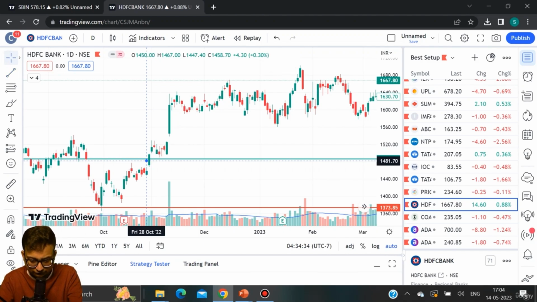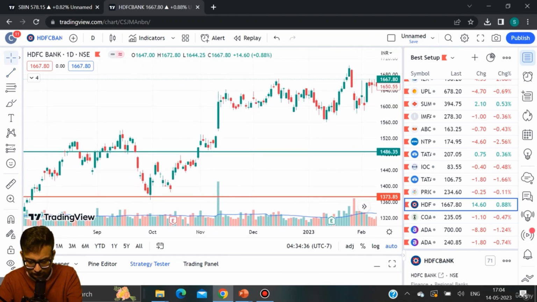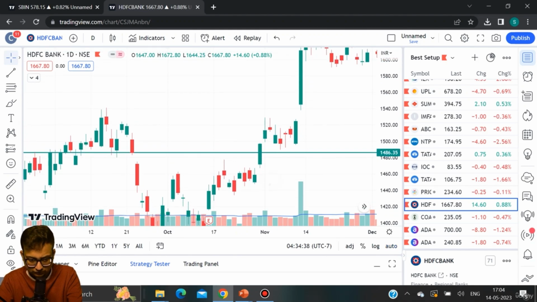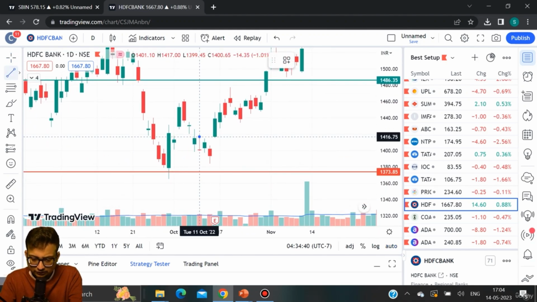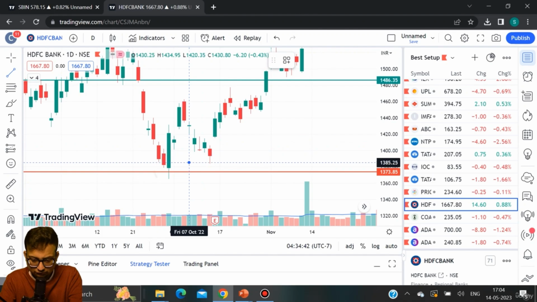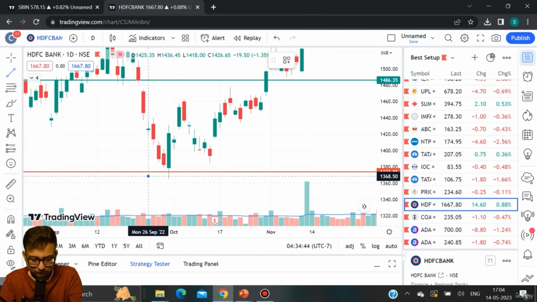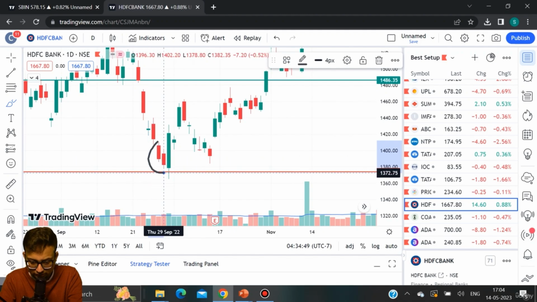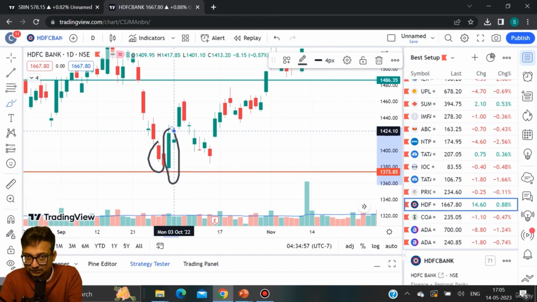This is a very good example. This candle, I'm talking about this candle, right? This was a very small bearish candle, and after that a very big bullish candle, right?